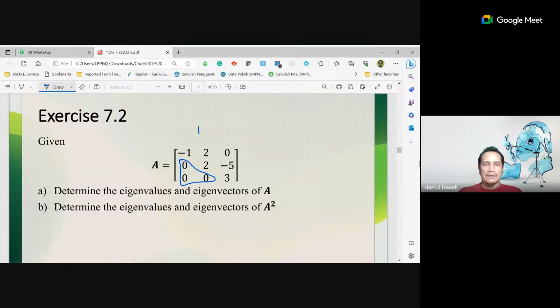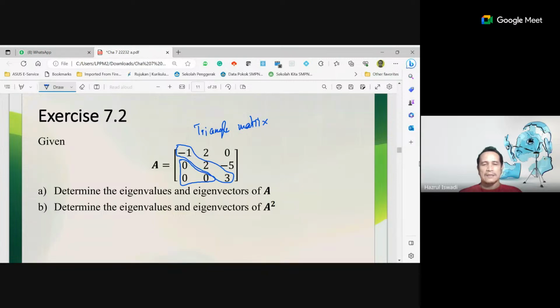From the previous property, the main diagonal entries are the eigenvalues of A. So we don't necessarily need to calculate.